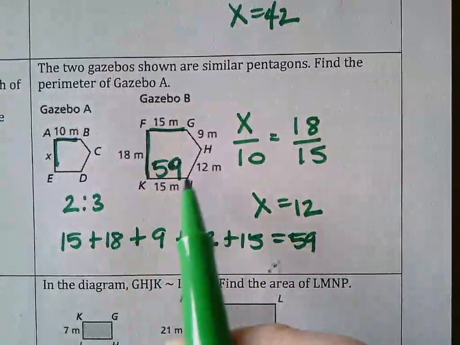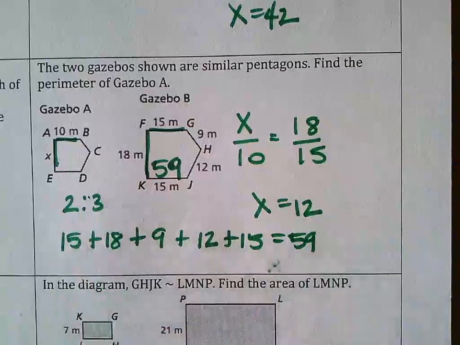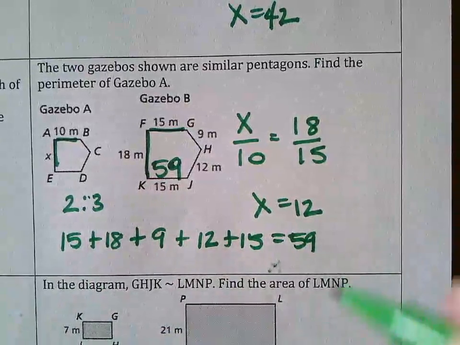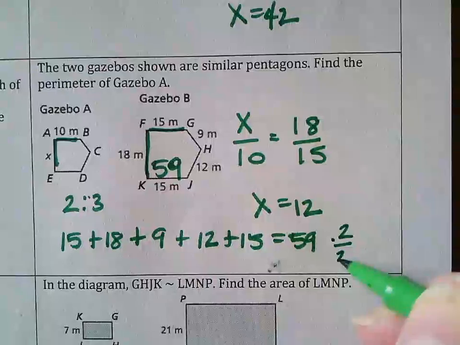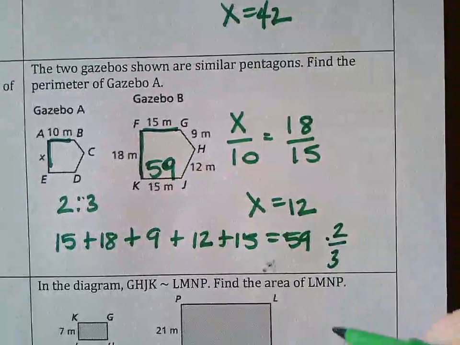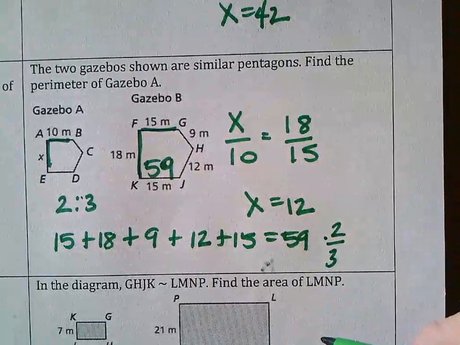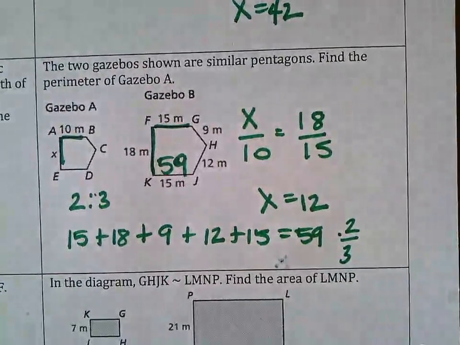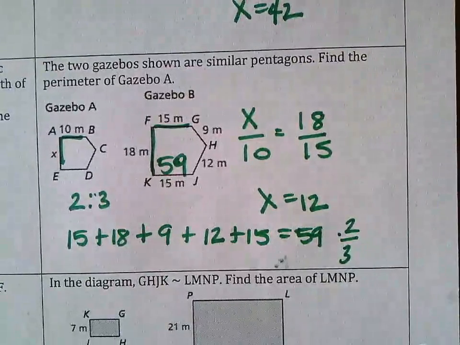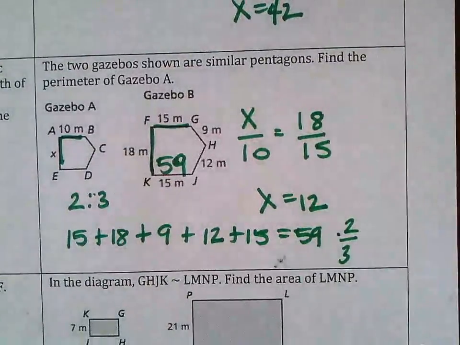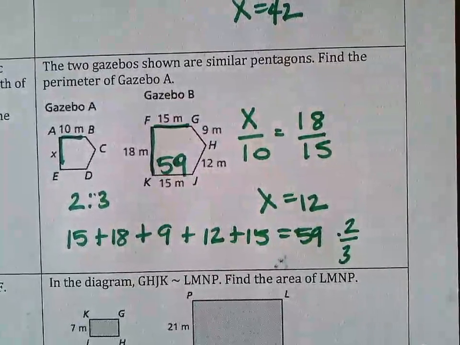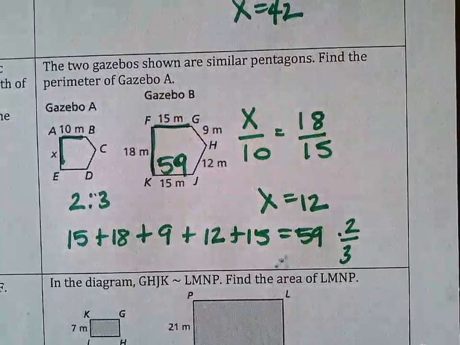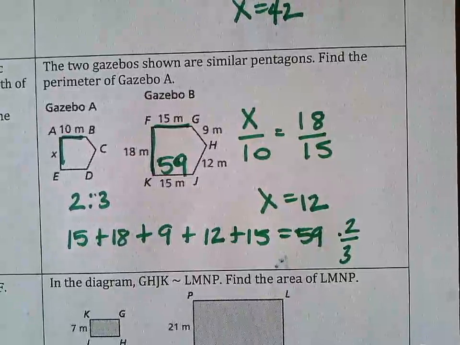Well, this one is 2/3 of that. So 59 times 2/3. So 59 times 2 divided by 3. I don't think that goes in very evenly. I can actually get my calculator. I'll find my calculator first. 59 times 2.